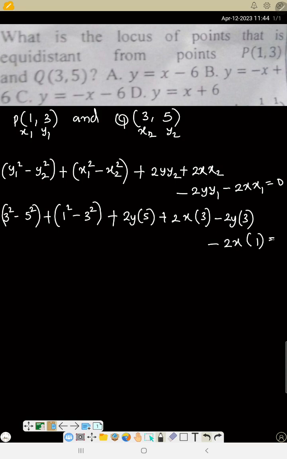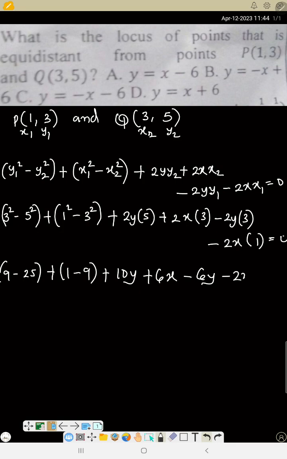So everything equals 0. So 3 square is 9, minus 25, plus 1 minus 9, plus 10y plus 6x minus 6y minus 2x, everything is 0.